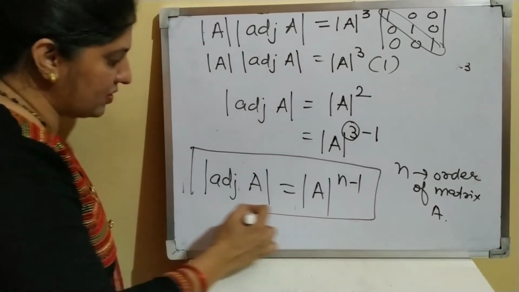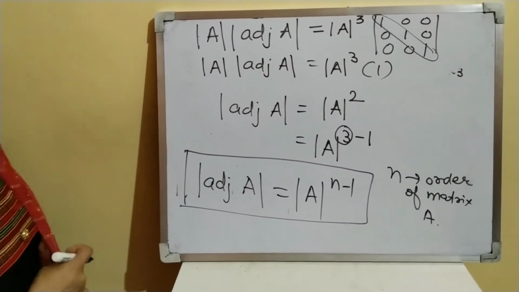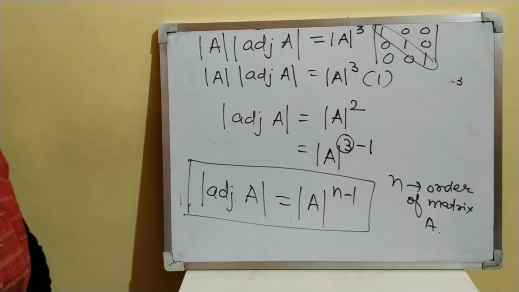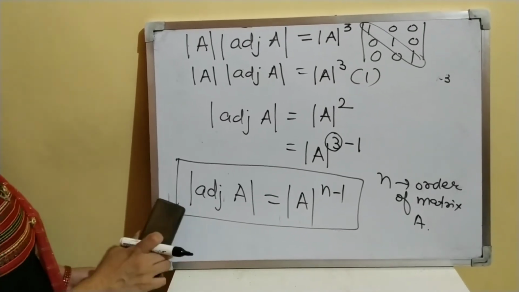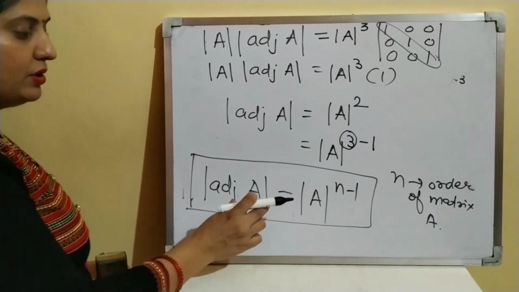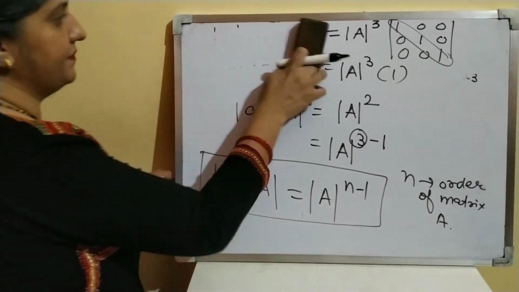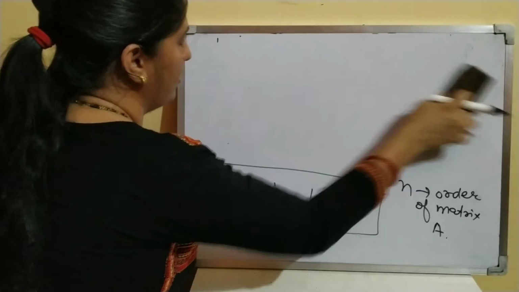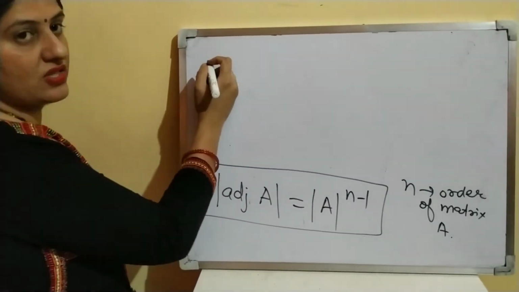This is one of the most important results related to adjoint of a matrix. Now we will discuss one example related to this result. See here, a simple 1 mark question.